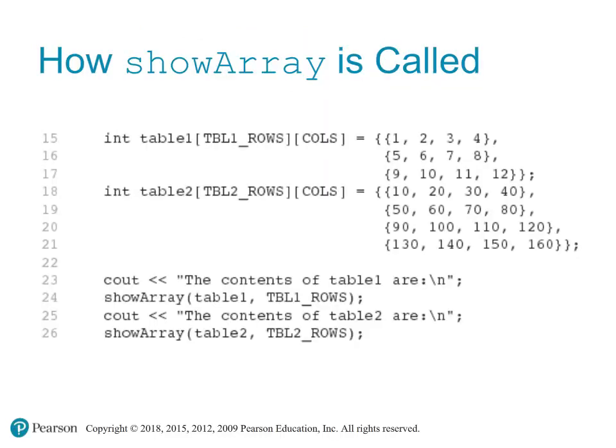We will discuss how to use the same function, showArray, to display different two-dimensional arrays and share the same number of columns. We define two 2D arrays, Table 1 and Table 2, with different row counts, TBL1_ROWS and TBL2_ROWS respectively, but the same number of columns, COLS.